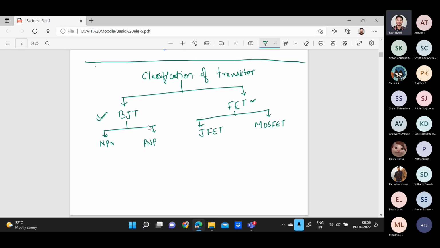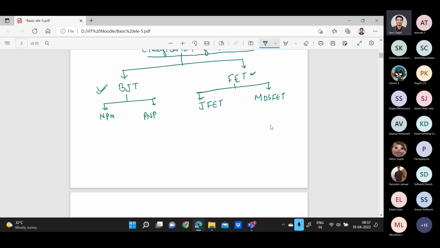So we started with the classification of transistors. Bipolar junction transistor was one part, and the second part is the field effect transistor. In the field effect transistor, we again have two parts: the junction field effect transistor, JFET, and the MOSFET. So let's start with FET.